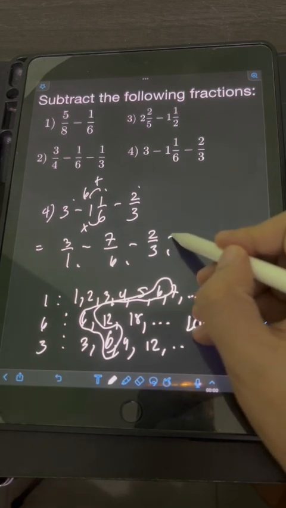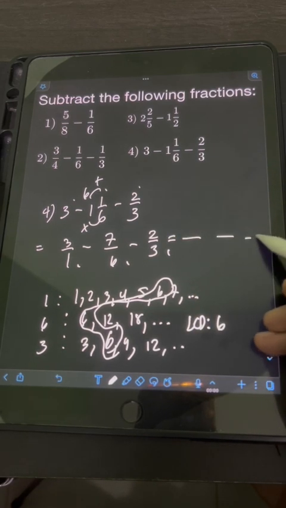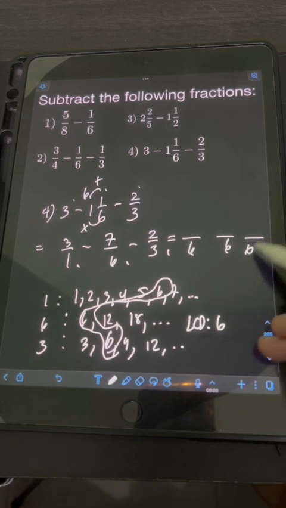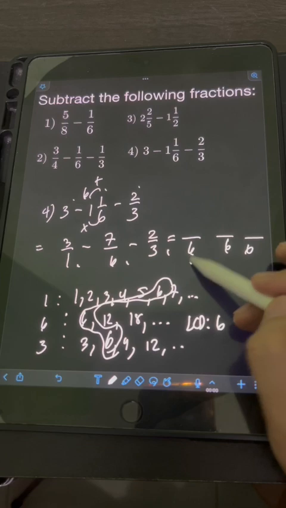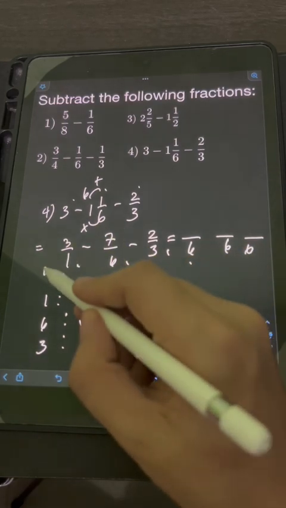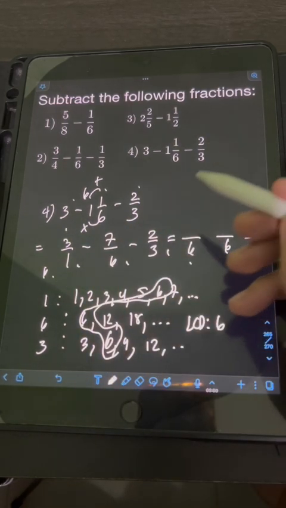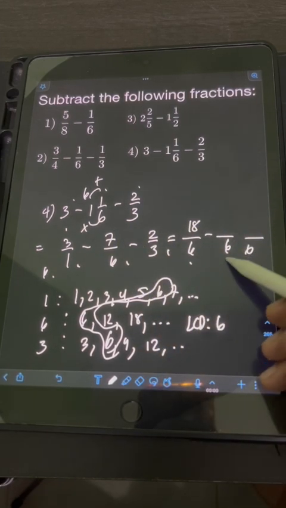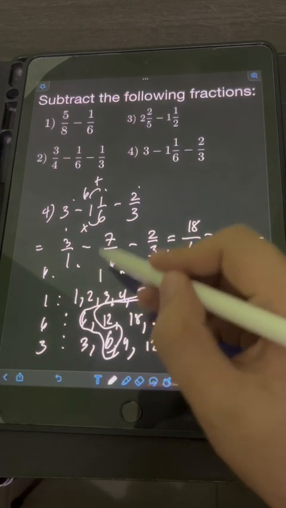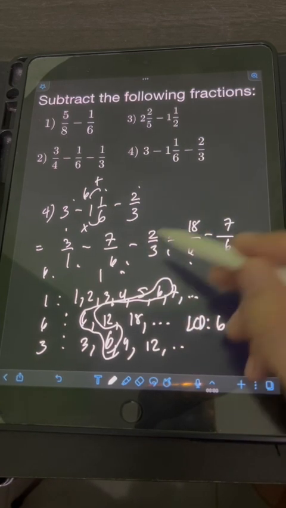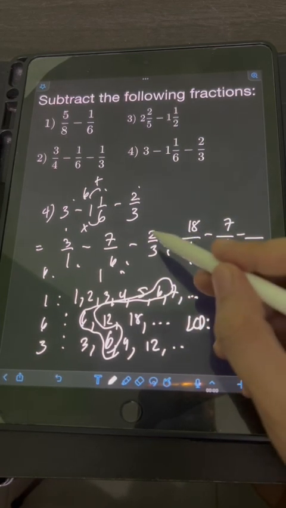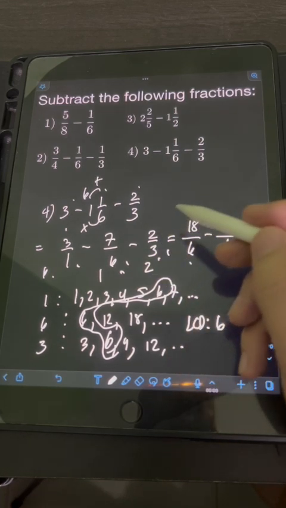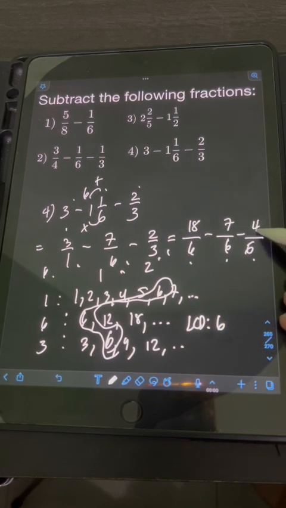So transforming these three fractions into similar ones having the new denominator of 6. For 3 over 1, we have 6 divided by 1, that's 6, times the numerator 3, 18. Minus, for 7 over 6, 6 divided by 6, it's 1, times the numerator 7, 7. Minus, for 2/3, we have 6 divided by 3, that's 2, times the numerator 2, 2 times 2, it's 4.